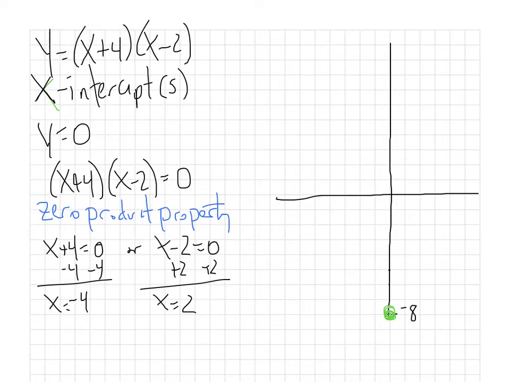So we've got x equals negative 4 and 2. Put some big intercept dots there.